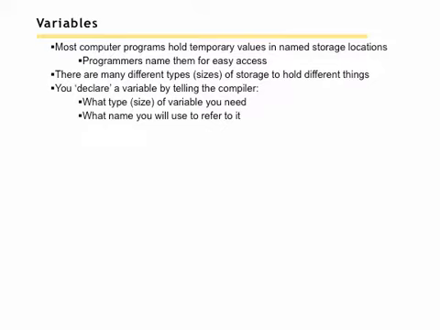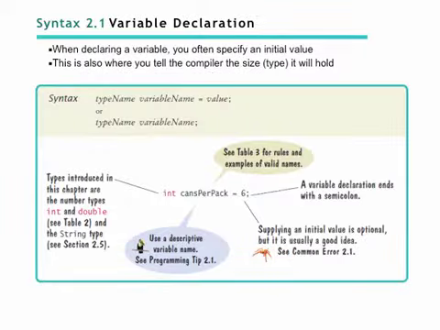And you declare variables by telling the computer what data type, what type of variable you need, and what name you're going to use for it. So here's an example. When declaring a variable, you can specify the initial value. You don't have to, but you can. It's also where you tell the compiler how big a space to reserve because different data types take up different amounts of memory, and so you have to tell the compiler what data type you're using.